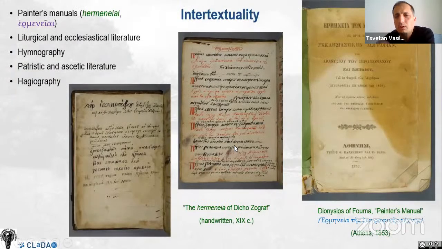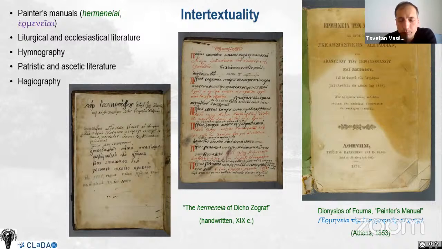So one of the main good points and focus points of our project will be intertextuality. We will try to see all the connections between the inscription, the source, the painter manual, and in this slide you can see different painter manuals. On the right you see the first published edition of the famous manual of Dionysius of Fourna.